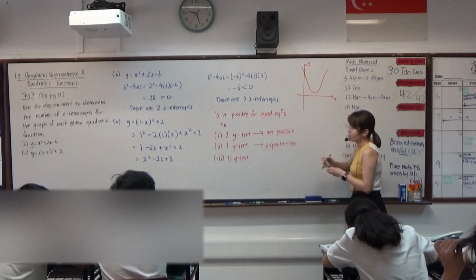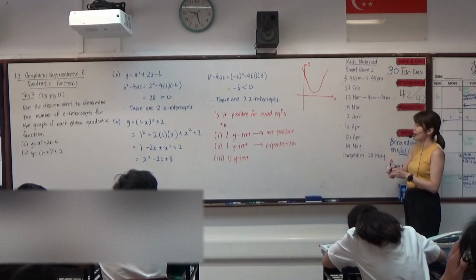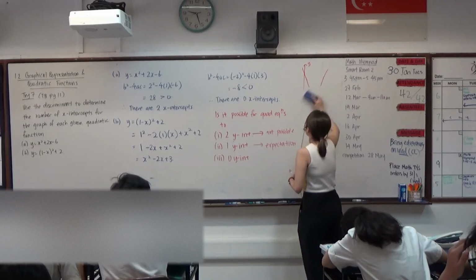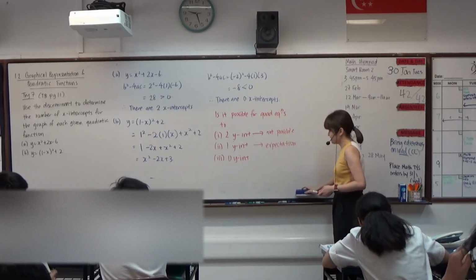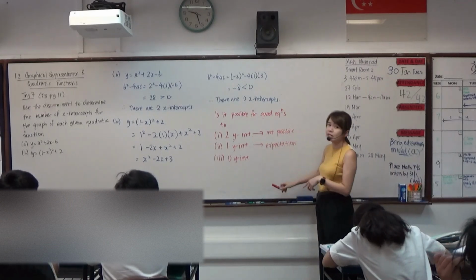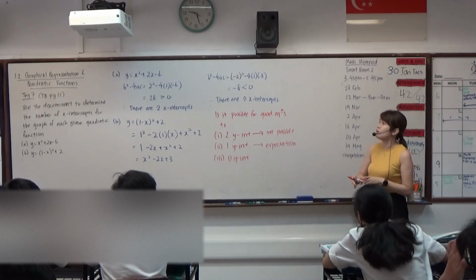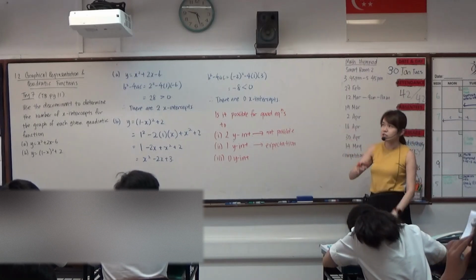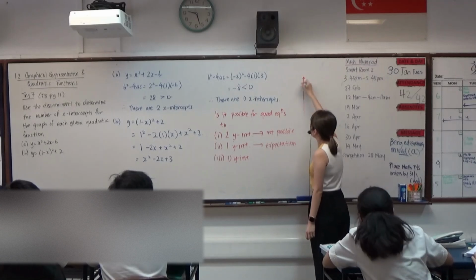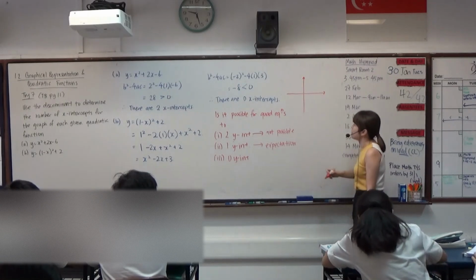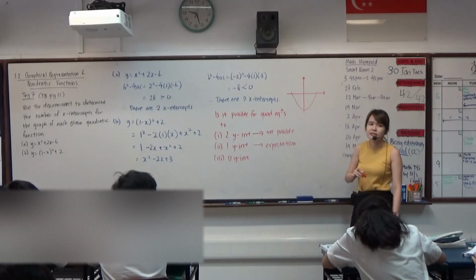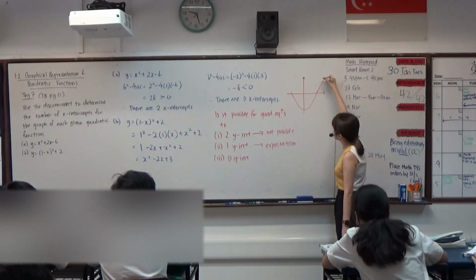So not possible. A quadratic will always have 1 y-intercept. This also helps us remind ourselves, when we are doing our graph sketching, which is the homework that I'm trying to mark now. I do notice that some of you, when drawing your curve, really just end up like that only at the x-intercept. I will encourage you to go further.